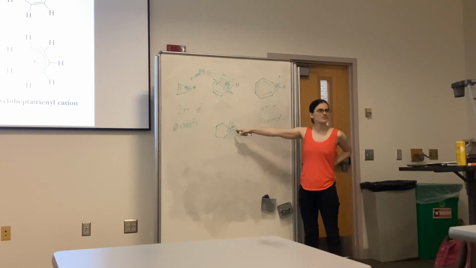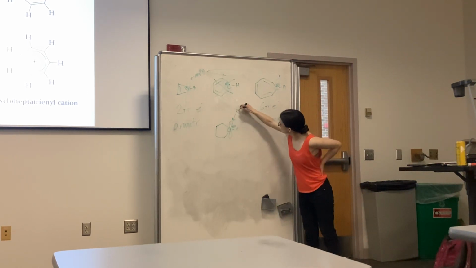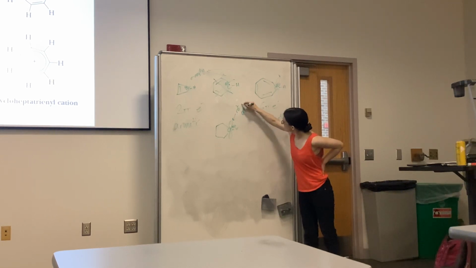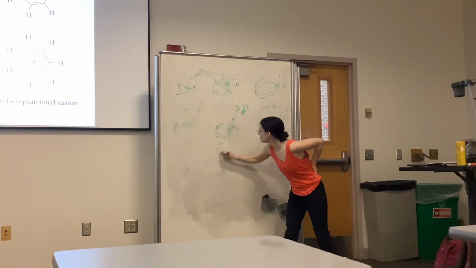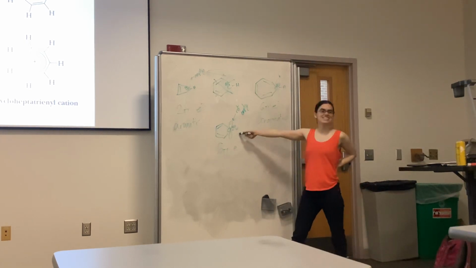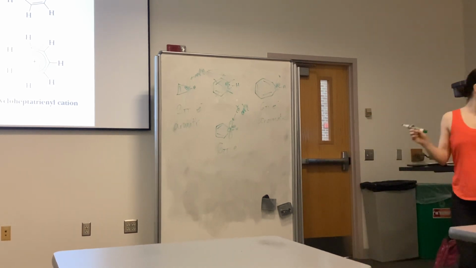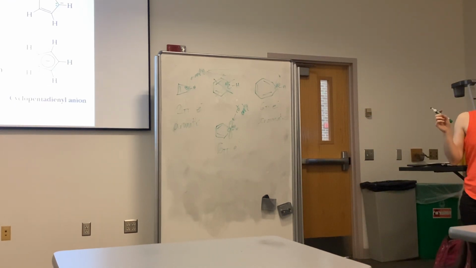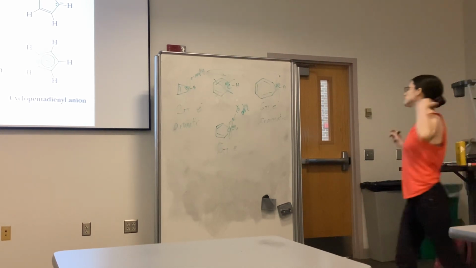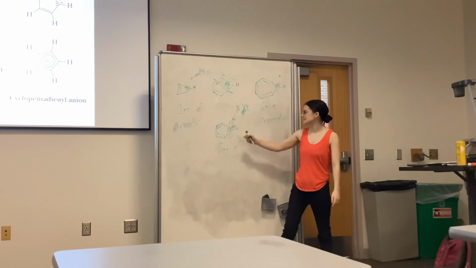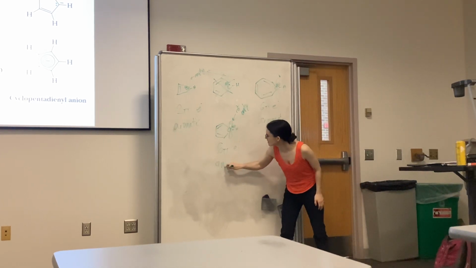They're in the pi orbital. Now we have 6 pi electrons, right? On this 5-membered ring. So cyclopentadiene can form an aromatic ion, it just needs to form the anion.